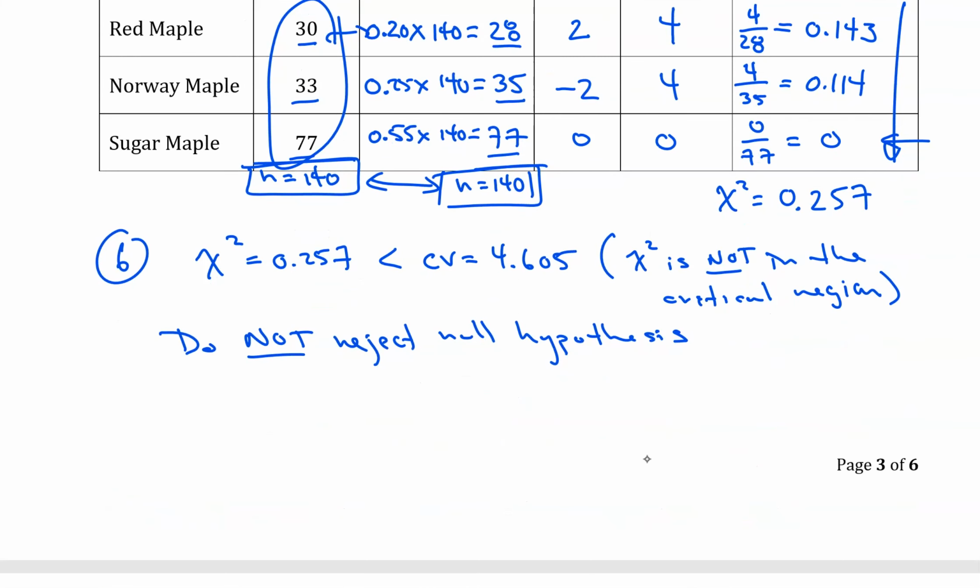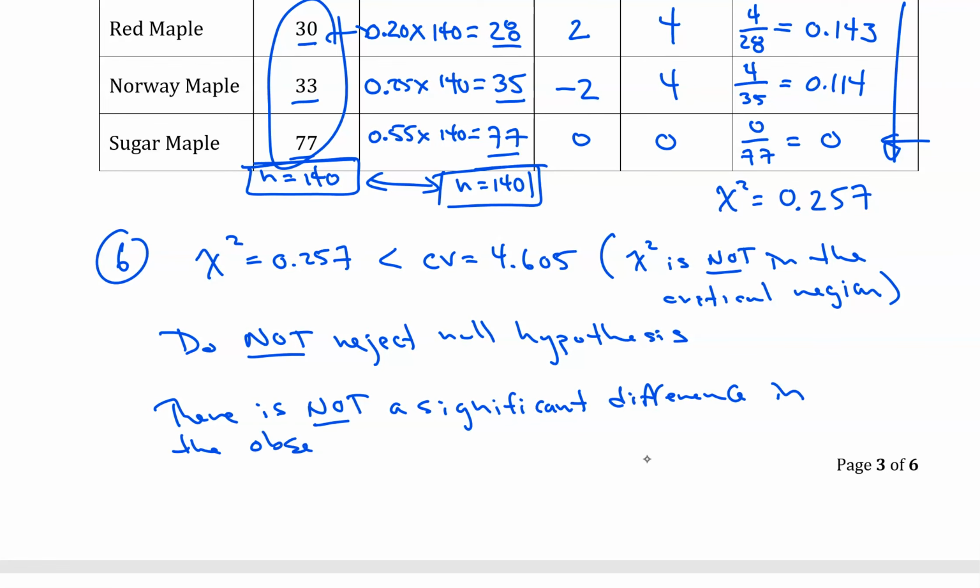So, a different sort of way of coming up with our conclusion, whatever way you want to write it. First thing I'm going to do is express the expected versus observed. So there is not a significant difference in the observed trees and the expected trees.